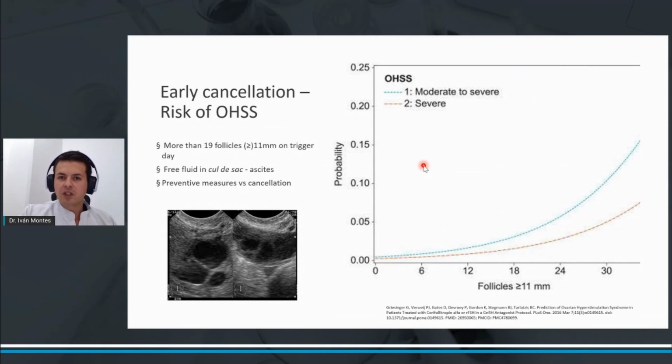Some clinicians prefer to say to the patient, don't get higher expectations, and just cancel and do an egg donation. But not all patients are very receptive about the egg donation.